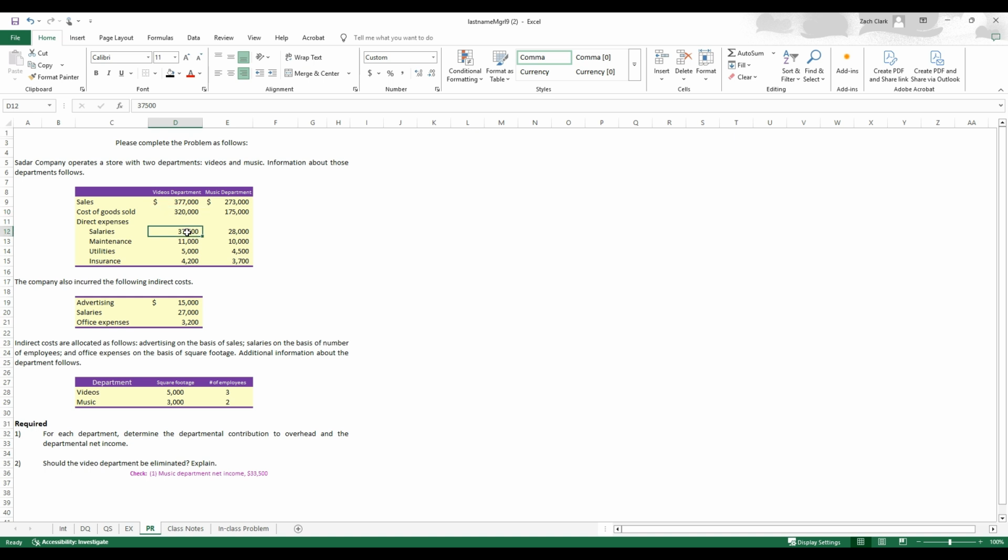Sales, COGS, we've got direct expenses, and then we've got indirect expenses, indirect costs down below. And here's an allocation. So indirect costs are allocated as follows. Advertising here on the basis of sales, and we can see the sales here. Salaries on the basis of number of employees, and that's here. And office expenses on the basis of square footage there.